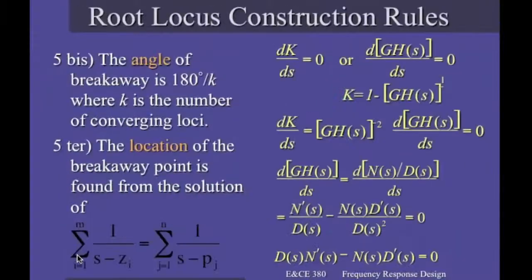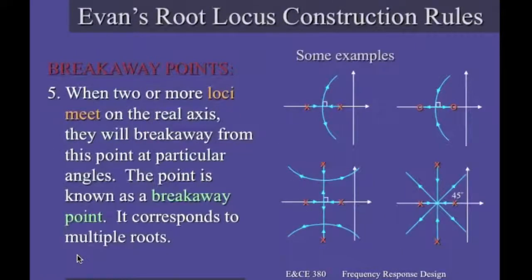Well, the second point is that addressed here. How much is the angle? So what's the typical pattern, or in a more quantitative way, how much is the angle that a trajectory is assuming when leaving or when entering the real axis?